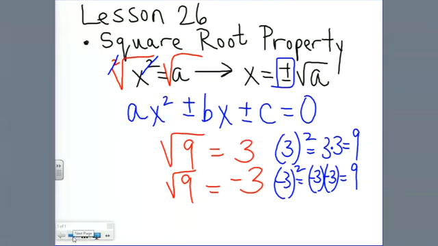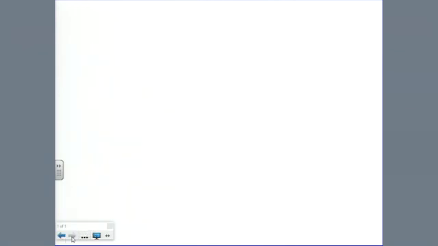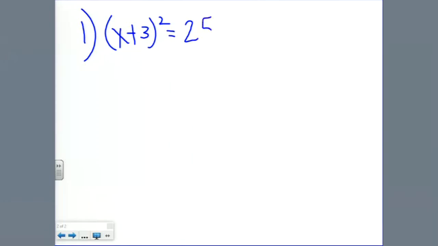Let's look at an example in which we are solving a quadratic equation by the square root property. We have in parentheses x plus 3 quantity squared equal to 25.